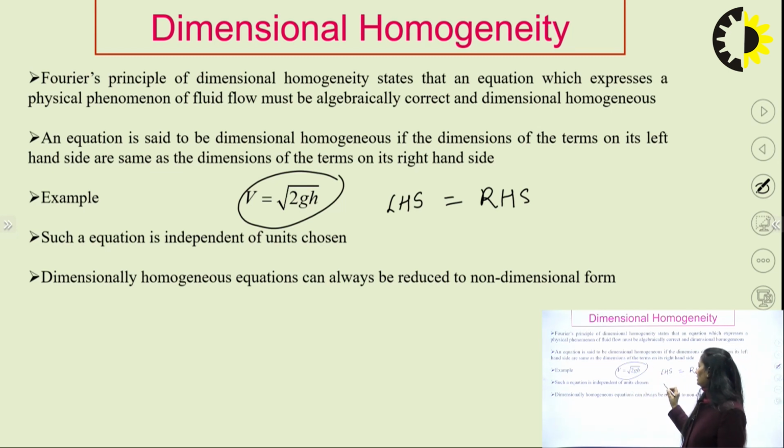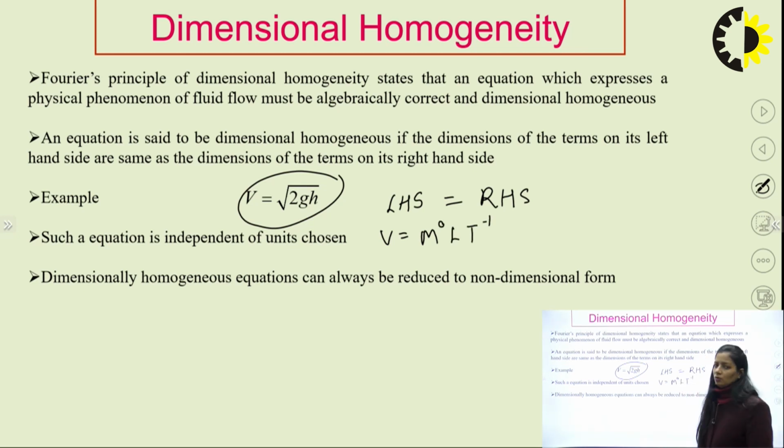So here the LHS is velocity. Just write the dimension for velocity, which will be M^0 L T to the power minus 1. Now just go for the RHS.